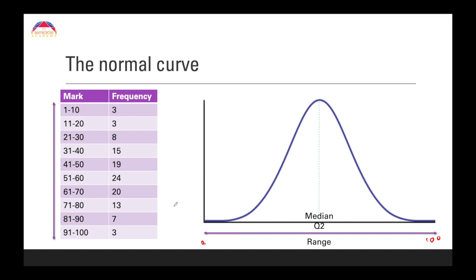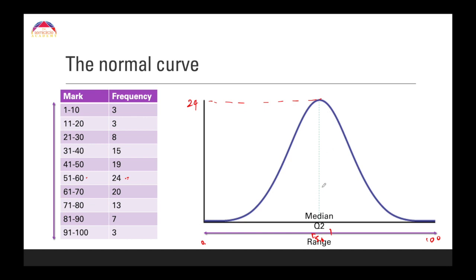So if we are saying here that this is 50 out of 100, and we could see here that around the 50 to 60 area, we have 24 people. So this is a maximum frequency here of 24 students making in this area over here, right?